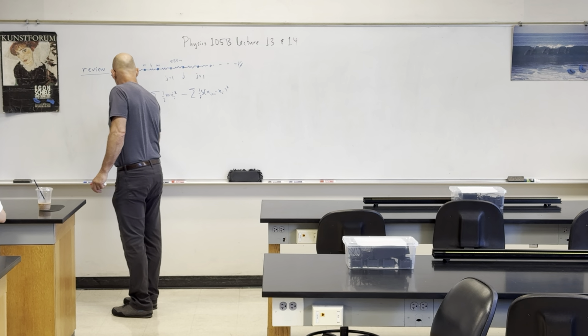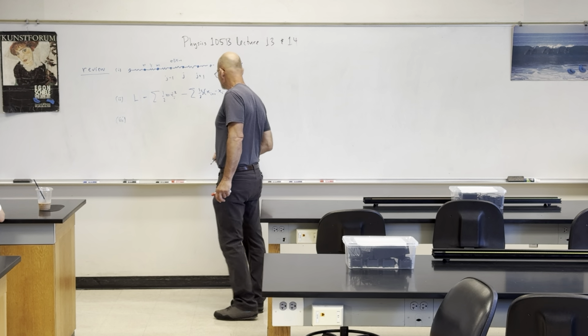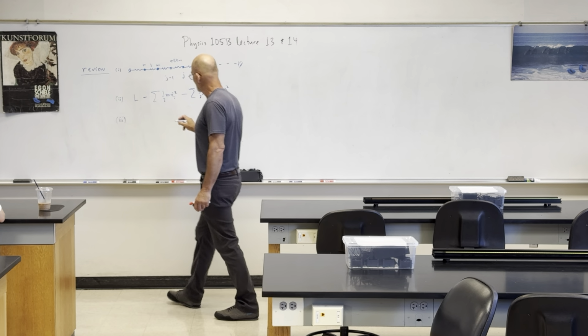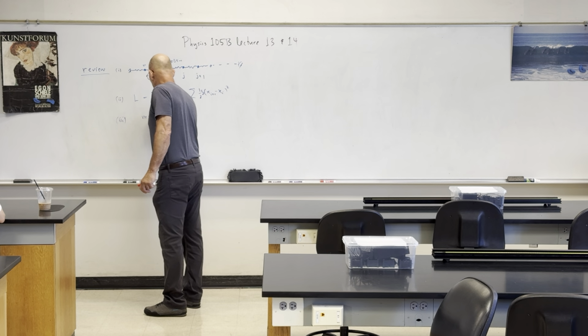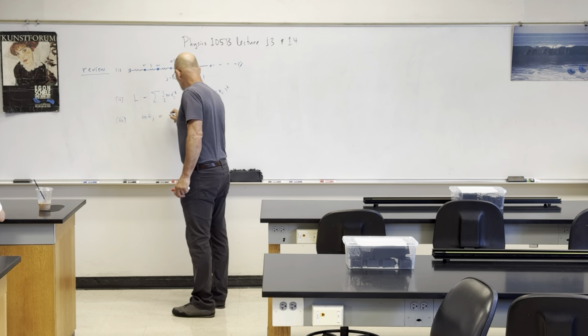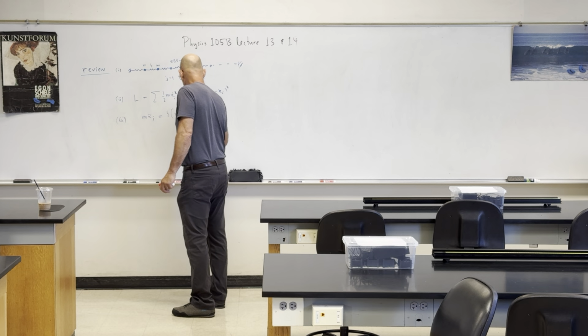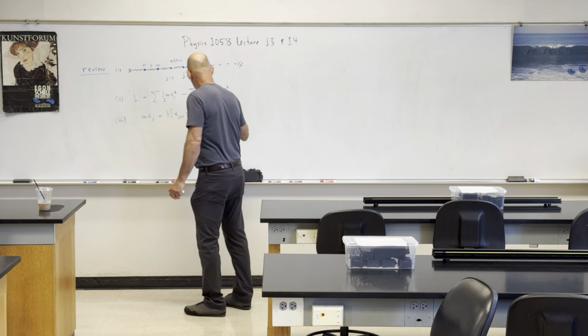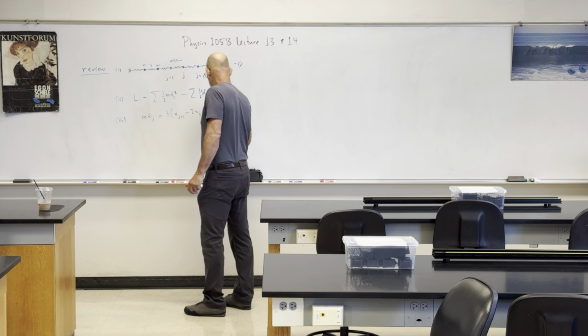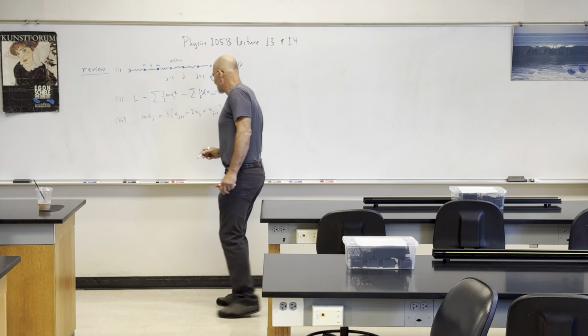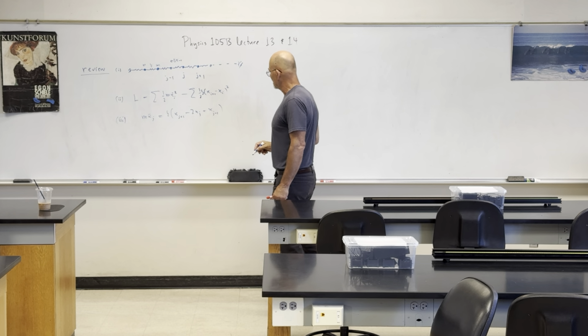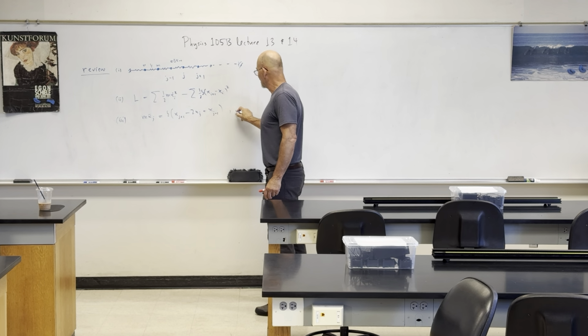And then we did the Euler-Lagrange equations. We had m x j double dot equals k times (x j plus 1 minus 2 x j plus x j minus 1) for all the j's.